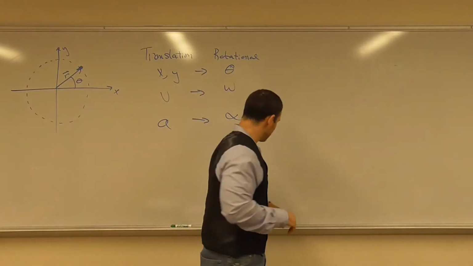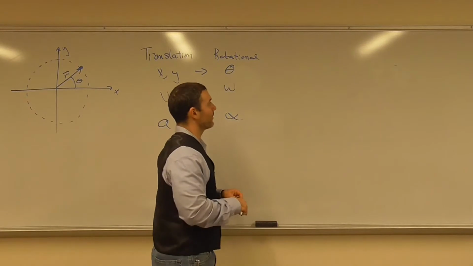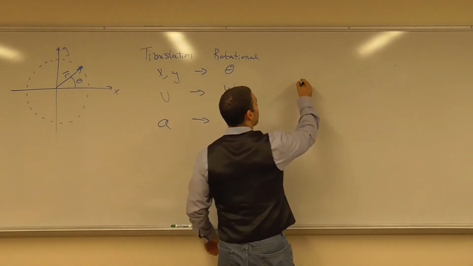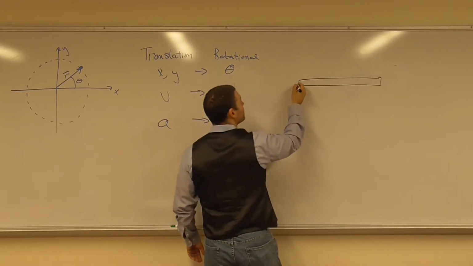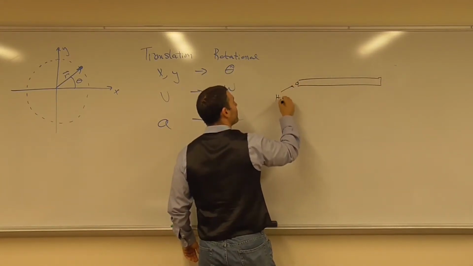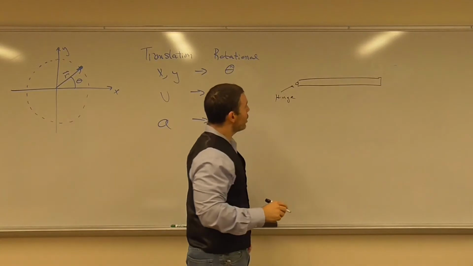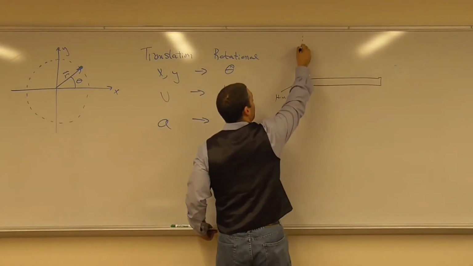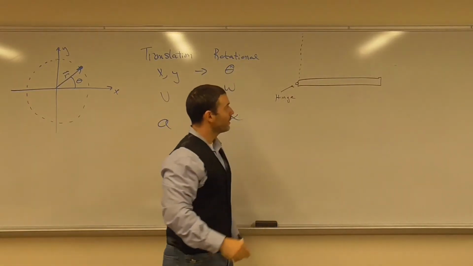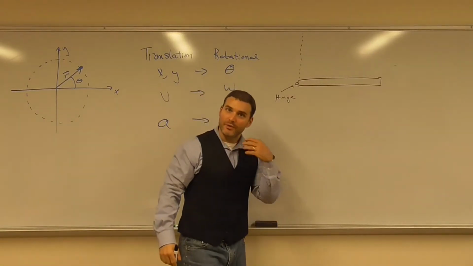Okay? So let me sort of sketch out what I mean here. This is my door. This is my hinge here. So if I want to try to close the door, let's say that closing the door would be to put it vertical. Well, I have to apply force in a specific way.